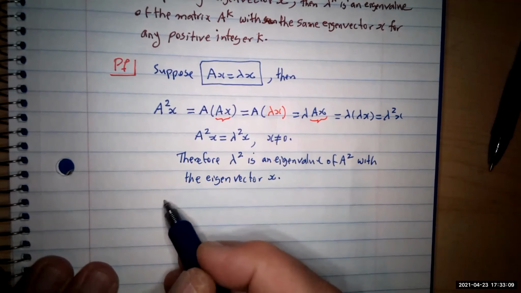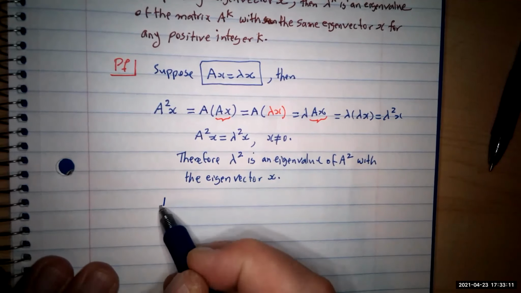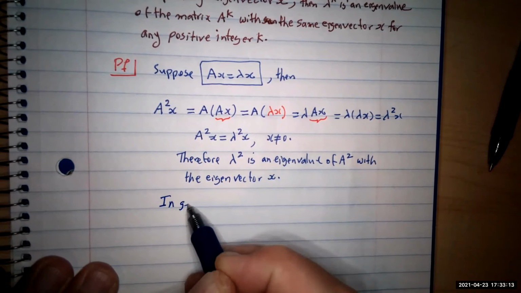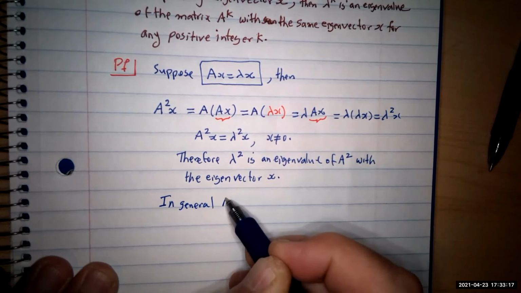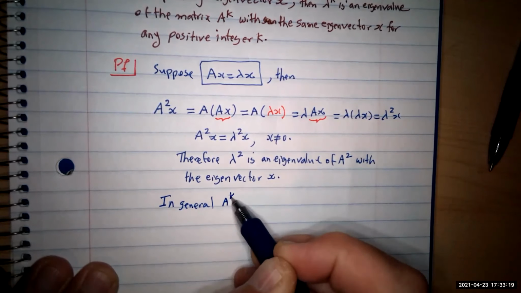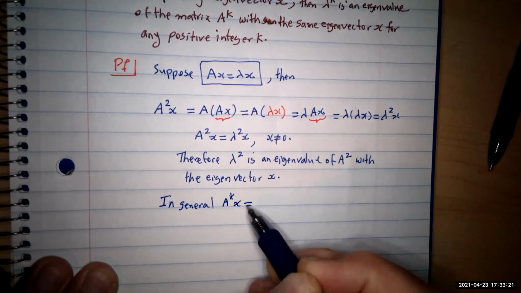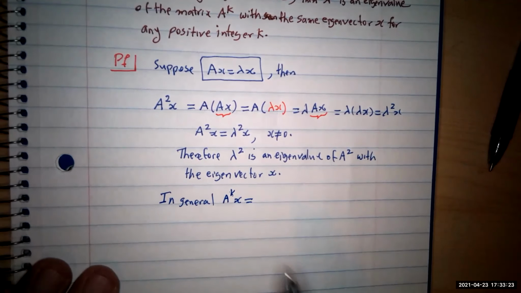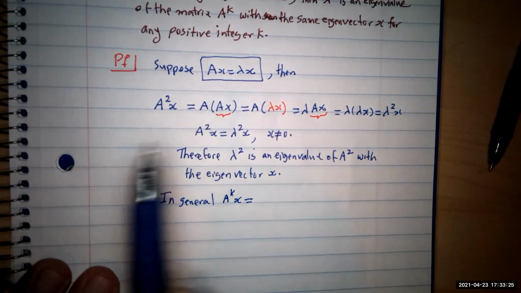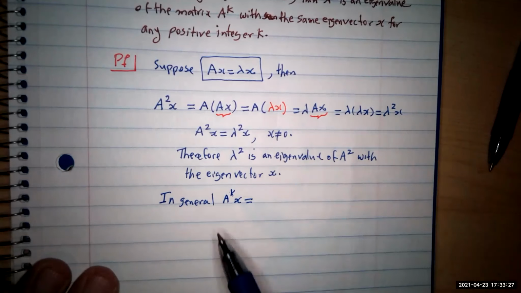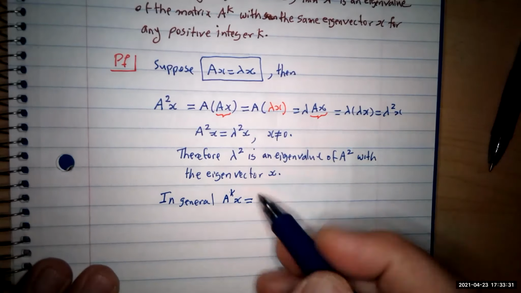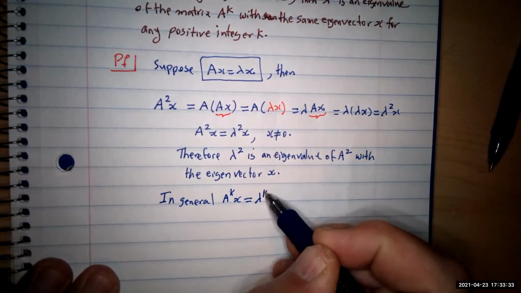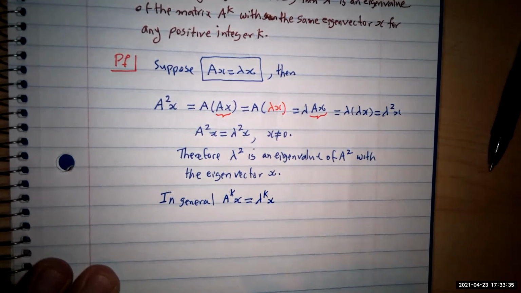So we can say that for any k in general, you can do the same procedure. You pull out one A^(k-1), A^(k-2), etc. So in general, A to the k times x is going to be lambda to the k times x.